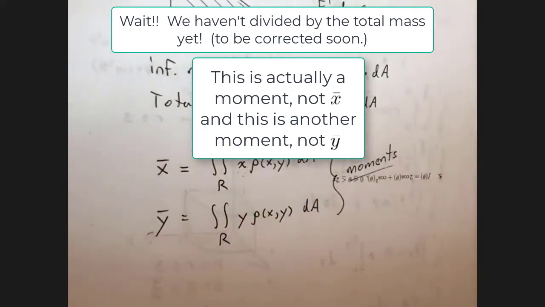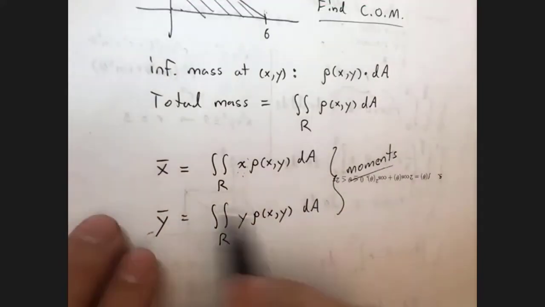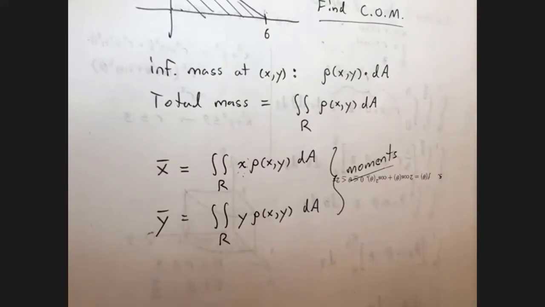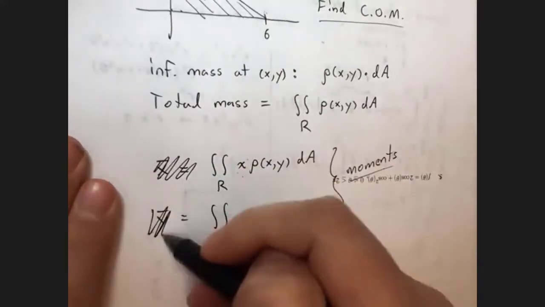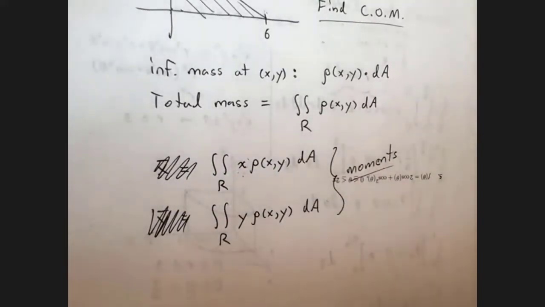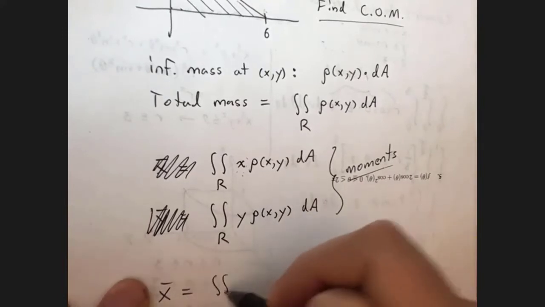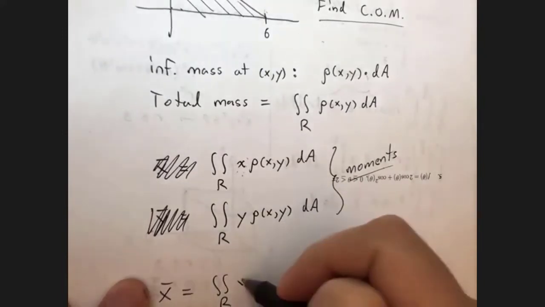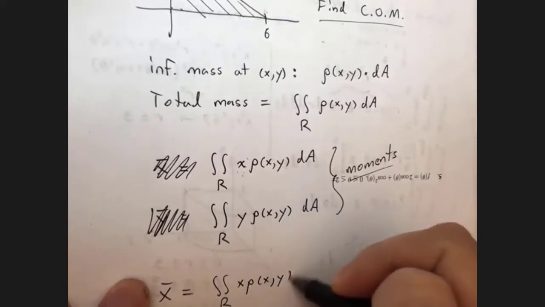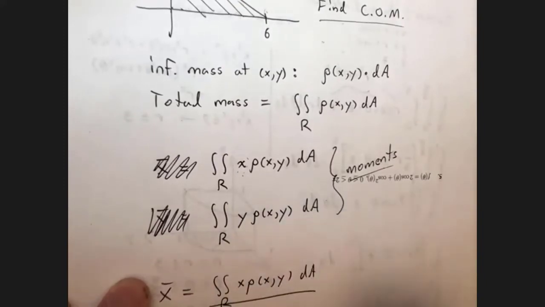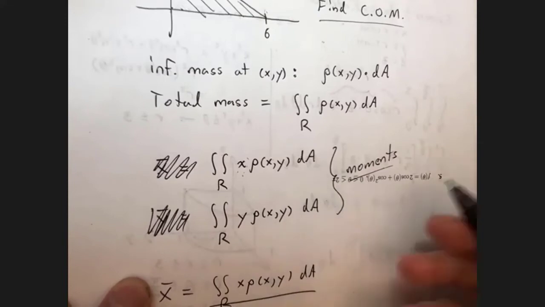These are the moments, but they aren't the centers yet. Because remember, to get the center, we actually have to divide by the total mass. All right, those are the moments. To get the x bar, we're going to take this moment here and divide by, just like we did before, the total mass.